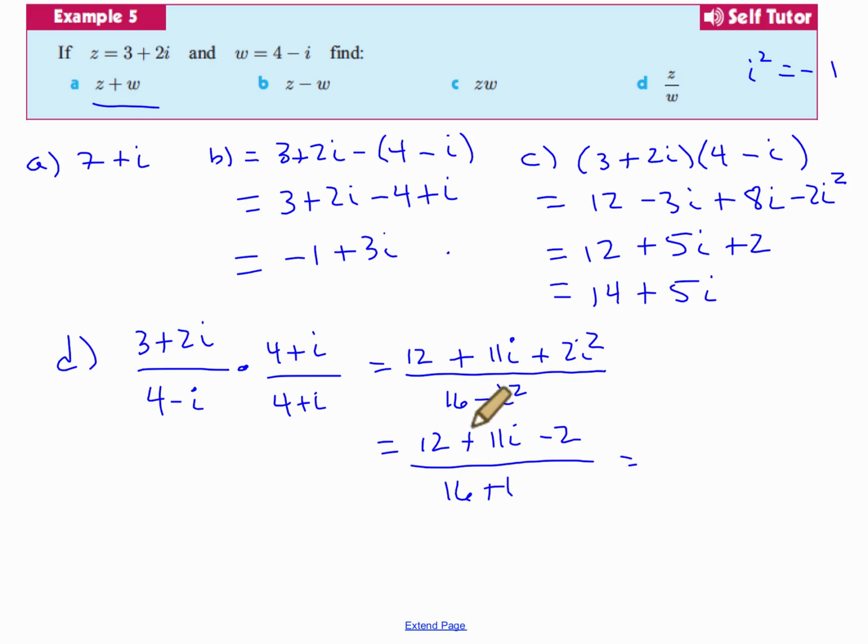So we end up with 12 minus 2 is 10 plus 11i over 17. And in complex form, a plus bi, we would need to write that as 10 over 17 plus 11/17 i. A plus bi, of course, is complex number form. This is perfectly fine, but usually we're going to be wanting to be in pure complex number form.